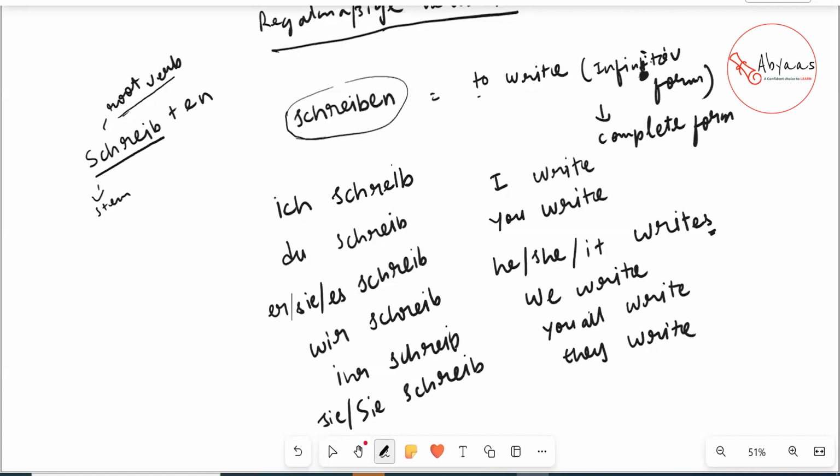So with ich, in regelmäßiger Verben, we are discussing type 1. With ich, I'm going to add e. With du, I'm going to add st. With er, sie, es, I'm going to add t.